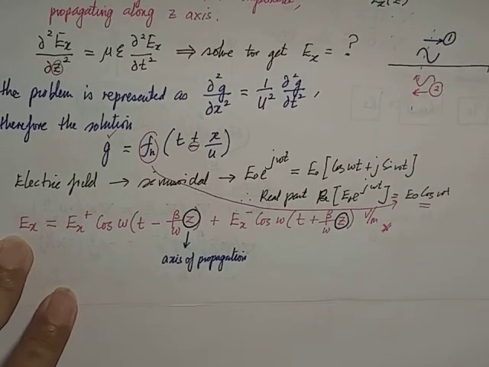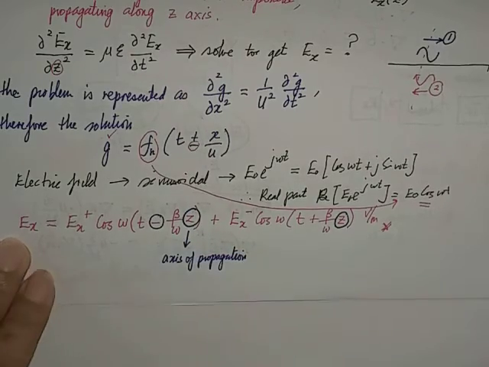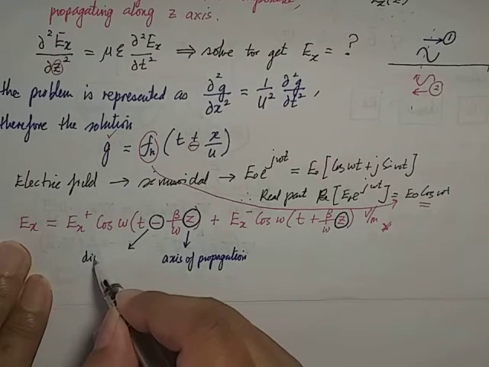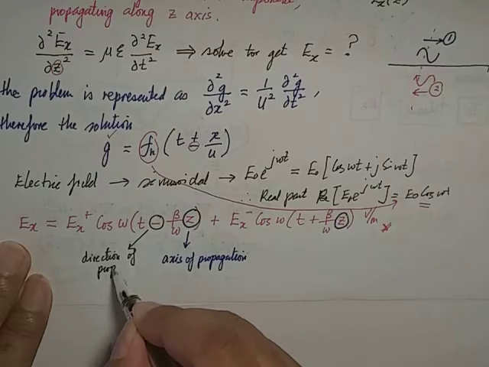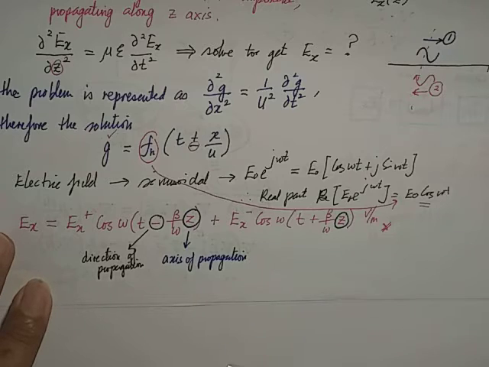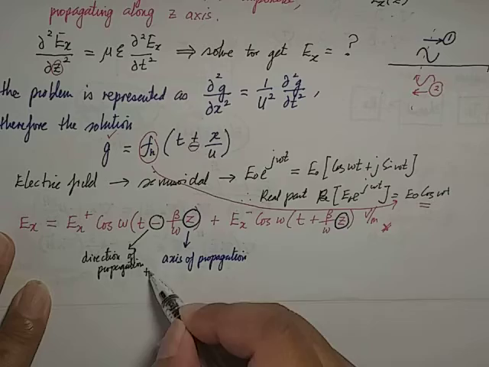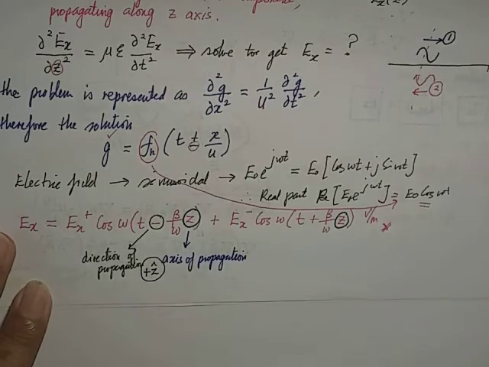Whenever I see a negative sign here, that indicates to me the direction of propagation. We agree that the wave propagates along z, but the direction is what? Is it positive or negative? Whenever you see negative here, you can conclude the wave is moving in the positive z direction.